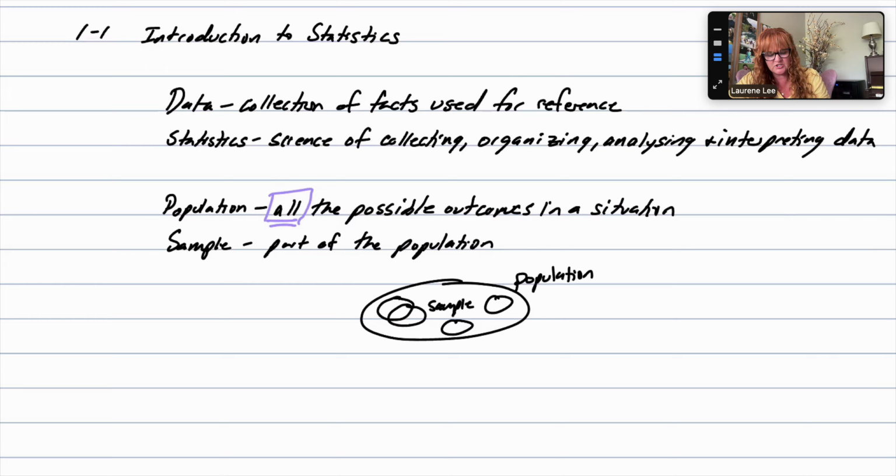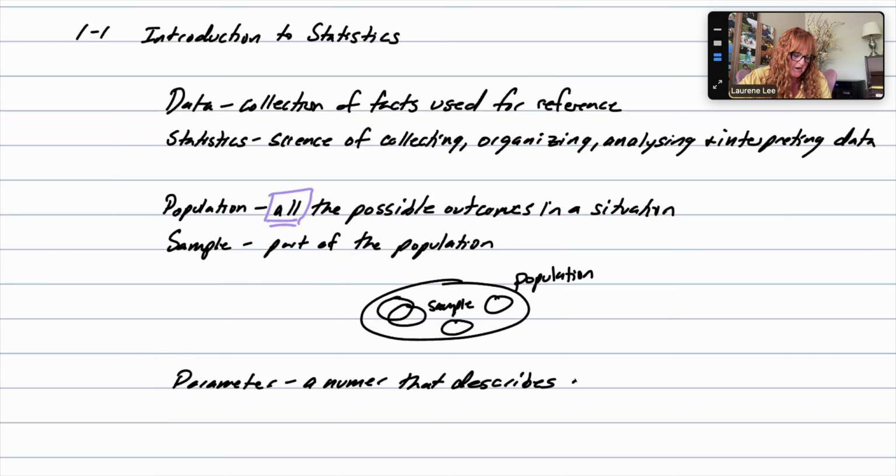All right, the next two words that we want to talk about are statistic and parameter. I'm going to start with parameter. A parameter is a number that describes a population. Now, this could be any number.